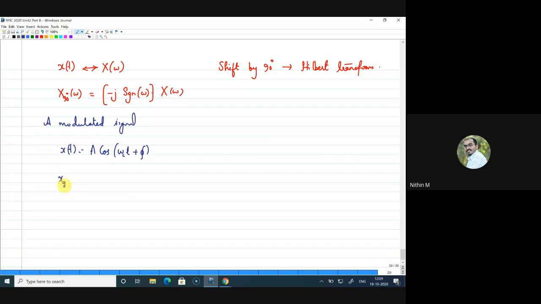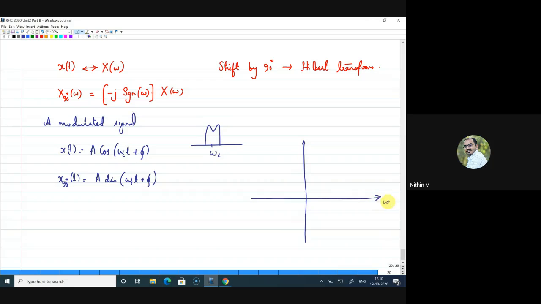Now x 90° of t can be written as A sine of omega ct plus phi. Now if it is modulated, and I am representing it like this, how will I picturize this on the 3D axis? This is omega, this is imaginary, and this is your real axis.